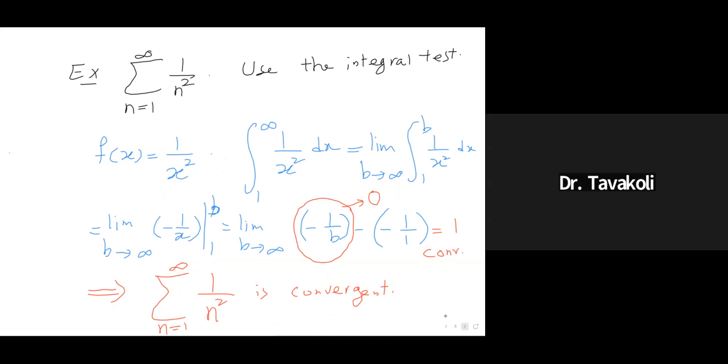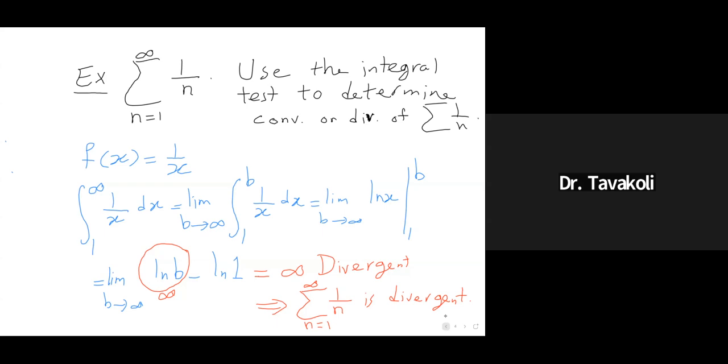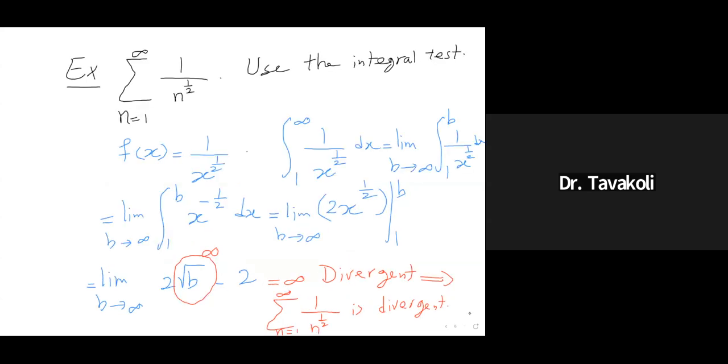And when it is 1, like here, or here, where the power of n in the denominator is 1/2, the series is divergent. In fact, this is called the p-series test.